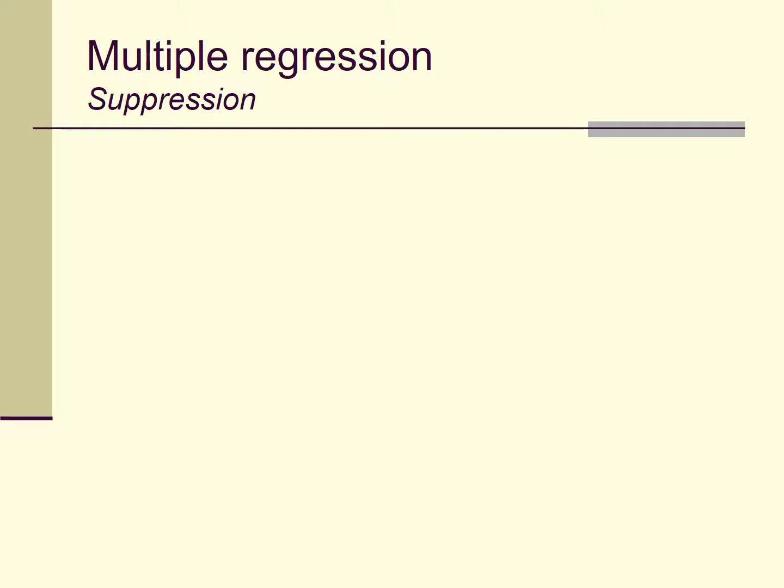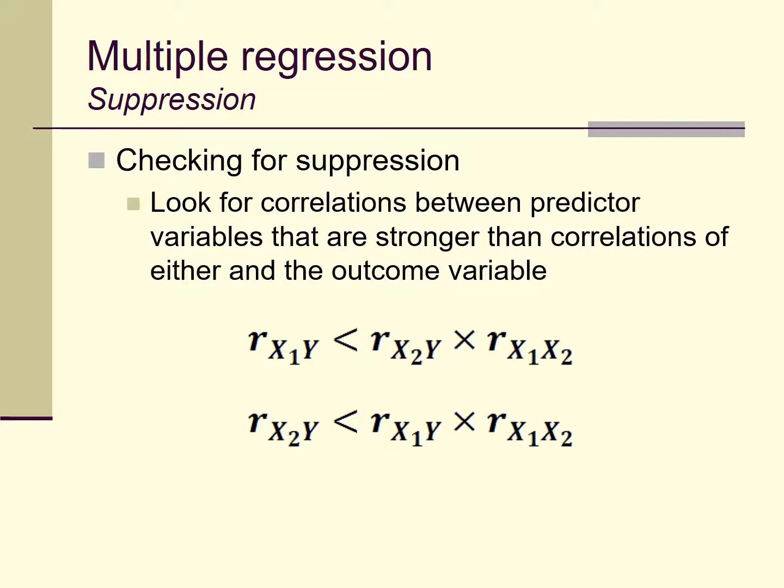A couple more tips for checking for suppression. Basically, look for situations in which predictor variables are highly correlated with each other. Here are some rules of thumb that come from the Cohen-West-Aiken textbook, which is a reference that many of us are familiar with. If you have a situation in which the predictor variables are more strongly correlated with each other than either is with the outcome variable, you may very well end up with suppression.